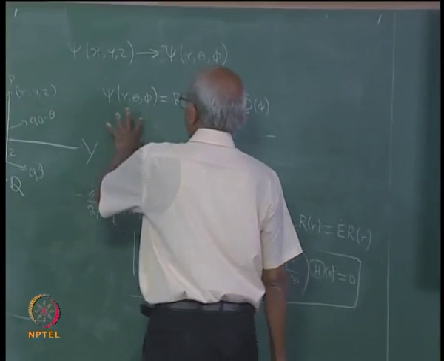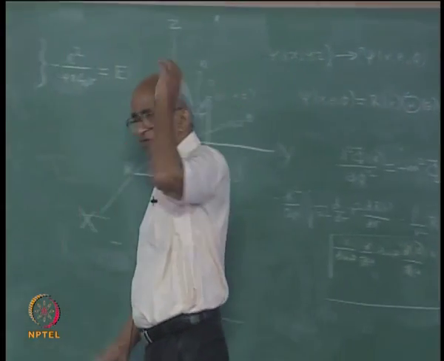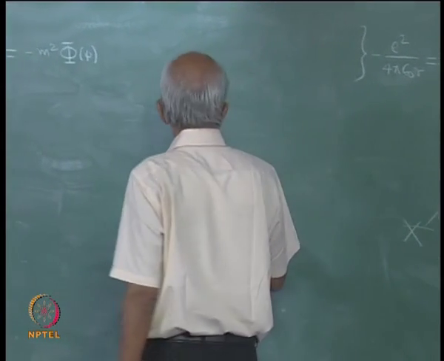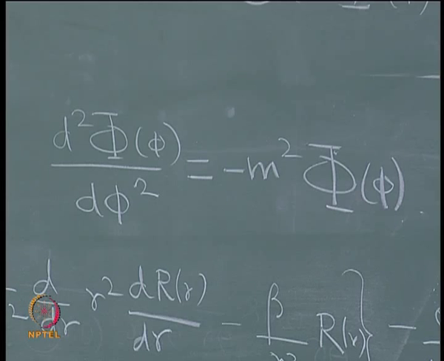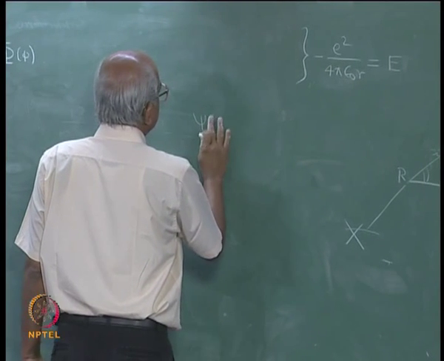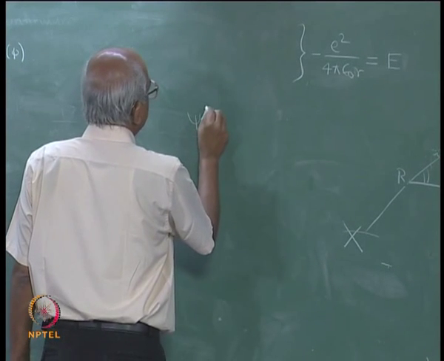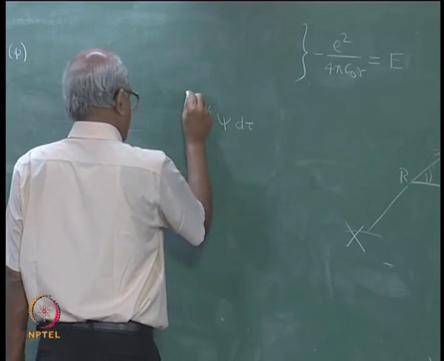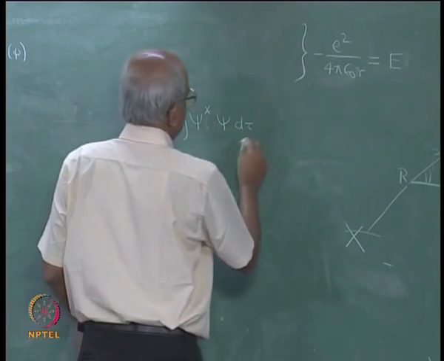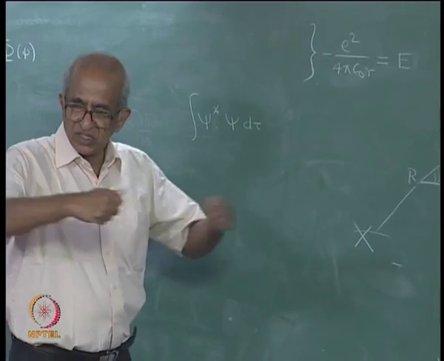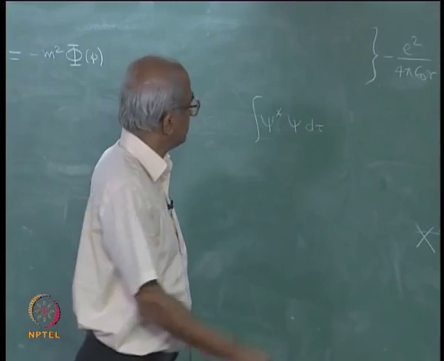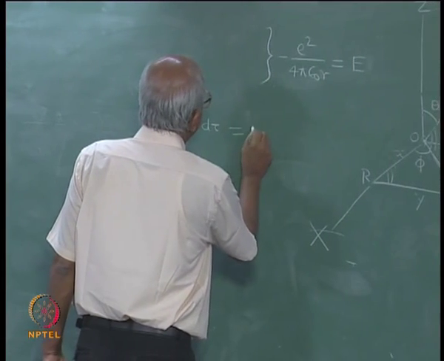Now, I would also like to remind you that any function that you get has to be normalized. Okay. What does that mean? That actually means if you took psi star psi and integrated over the full space, you multiply it by the volume element d tau and integrate over the entire space, the answer must be equal to 1.